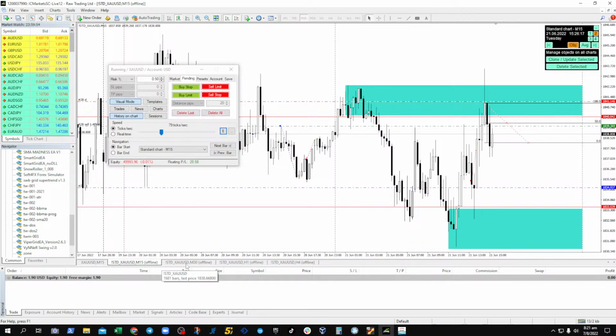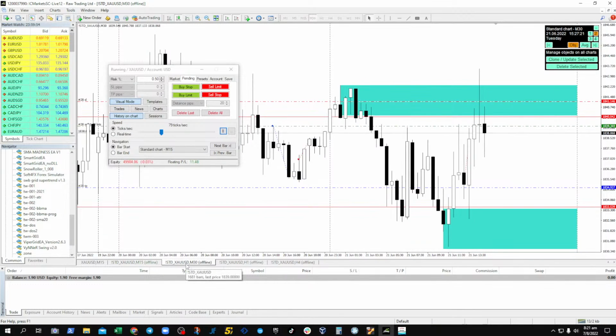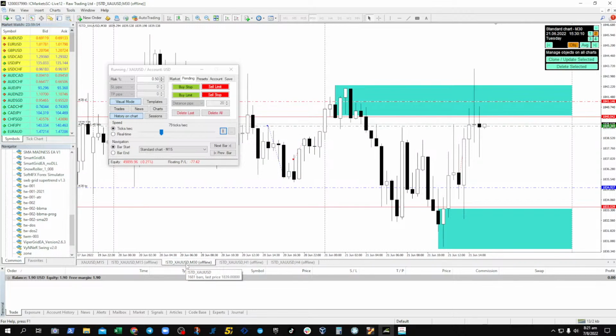Making a pullback there. This is nasty price action, I would say. It's a very nerve-wracking trade again.